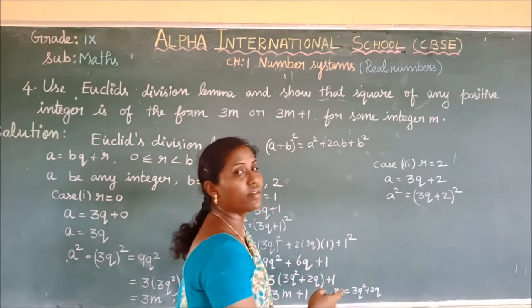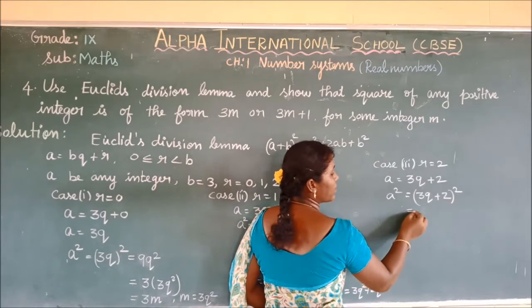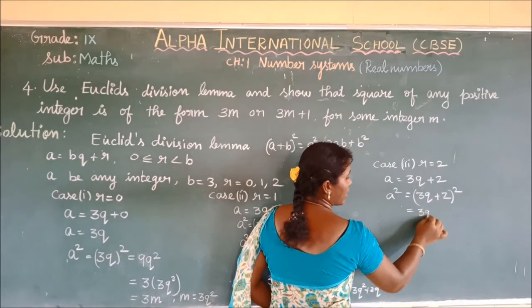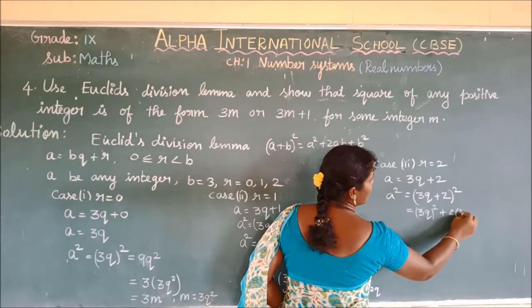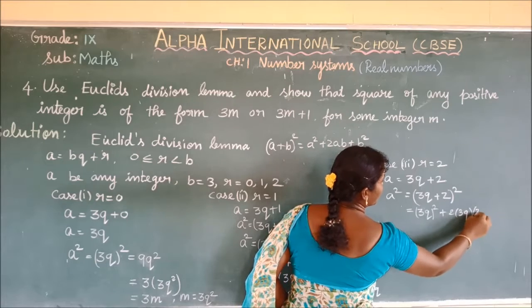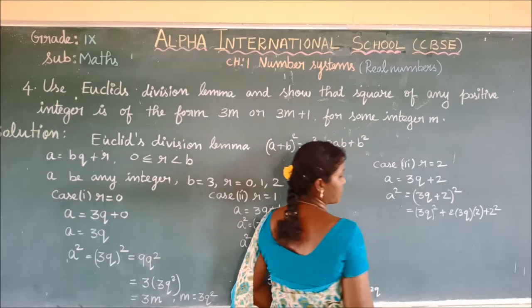What do we have to use here? Again we have to use the algebraic identity. (a plus b) whole square is a square plus 2ab. So 2 into 3q into 2, plus b square, that is 2 square.